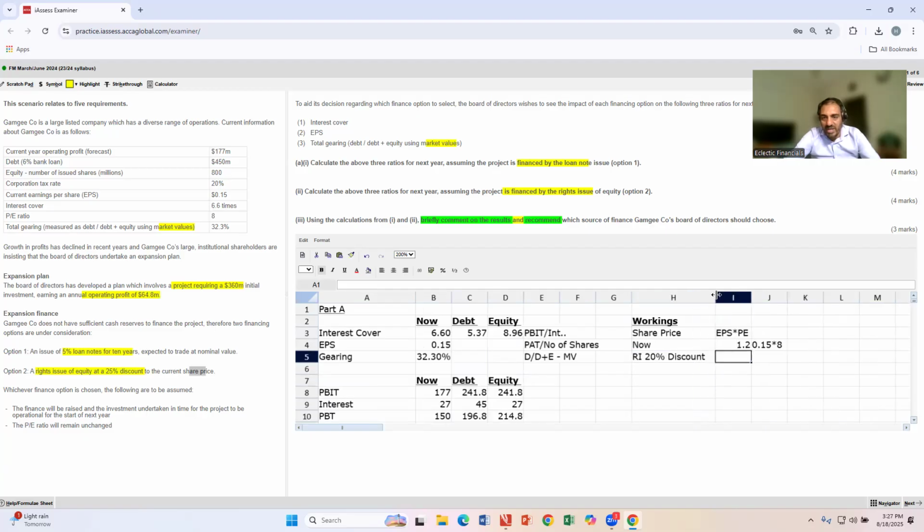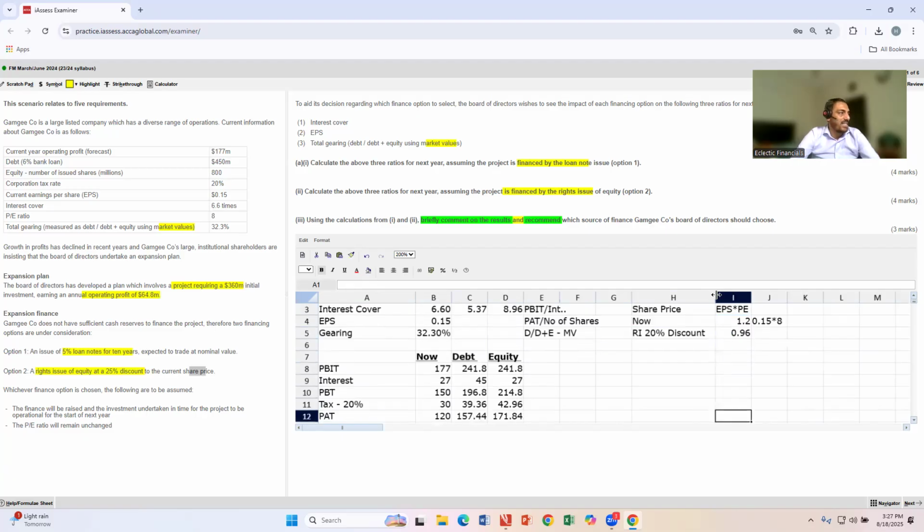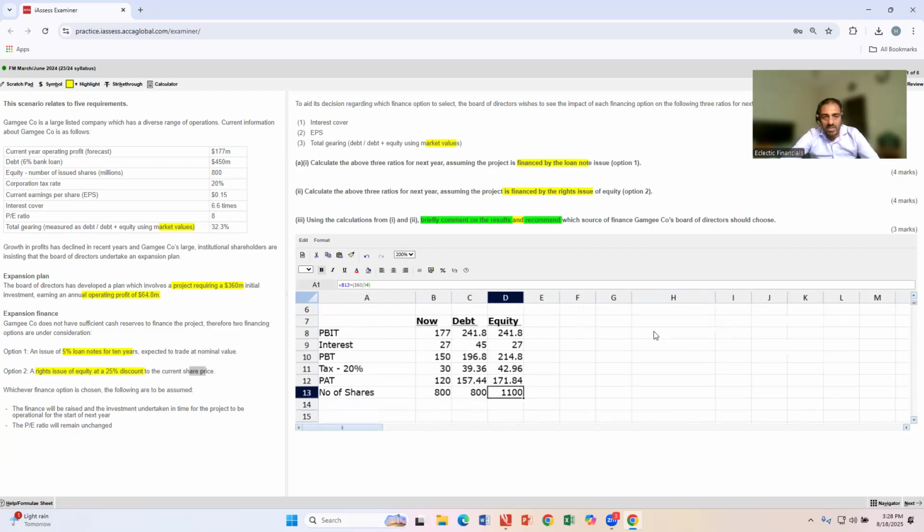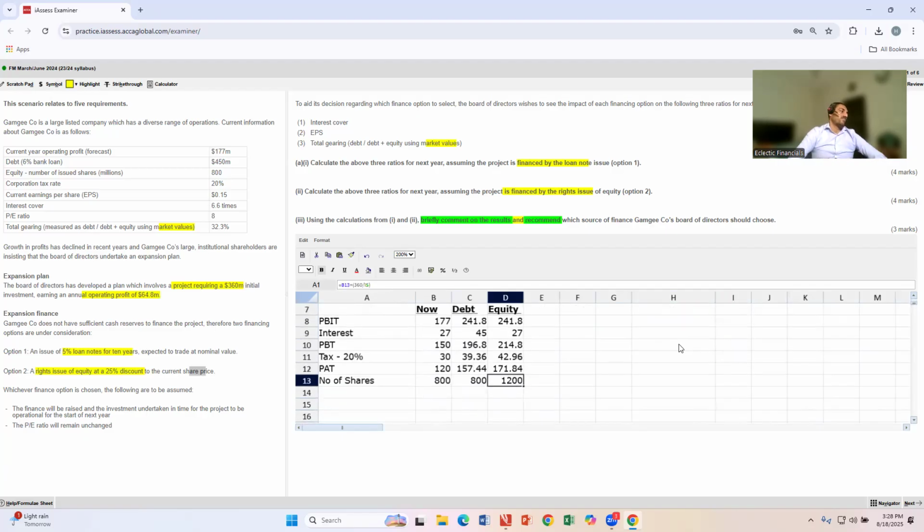And the discount price is equal to 0.96. I'm sorry, 25% discount, 0.75 times 1.2, that is 0.9. So that means 360 divided by 0.9 equals 1200. So this is the number of shares.